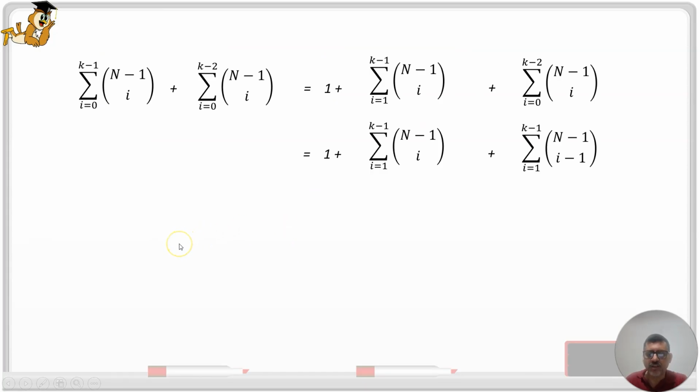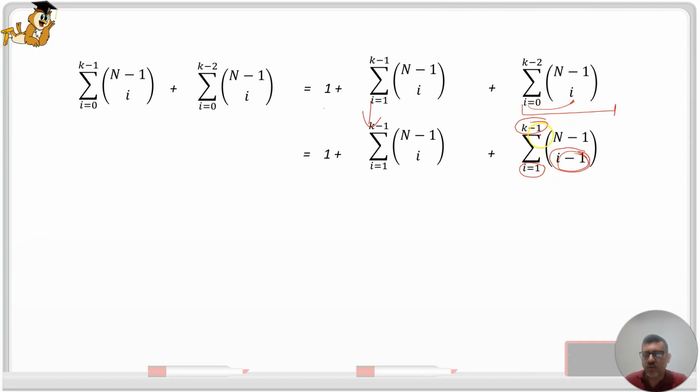Simplifying this thing further, this I have written as is, and for this term I have changed the counter for the summation. Instead of i going from 0 to k minus 2, I have taken i going from 1 to k minus 1, and in the term which is being summed, I have changed i to i minus 1. So when i equals 1, this is equal to 0, which is the same thing as i being equal to 0.